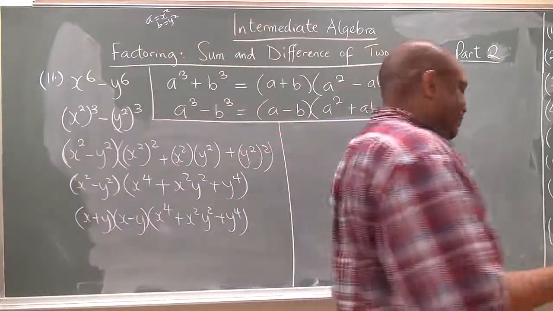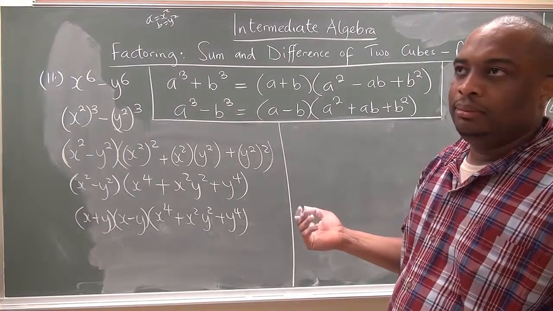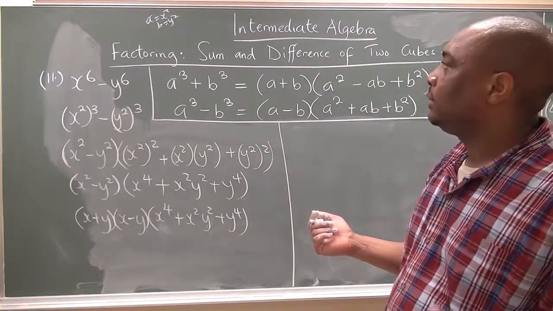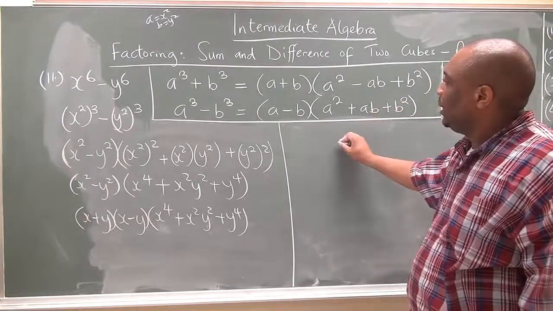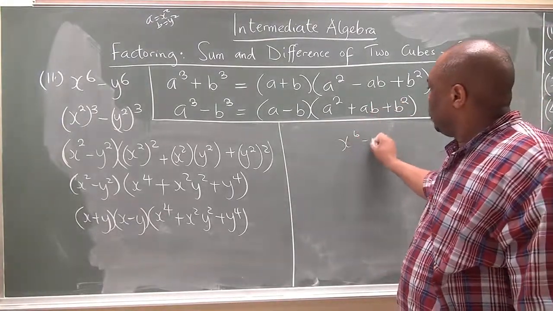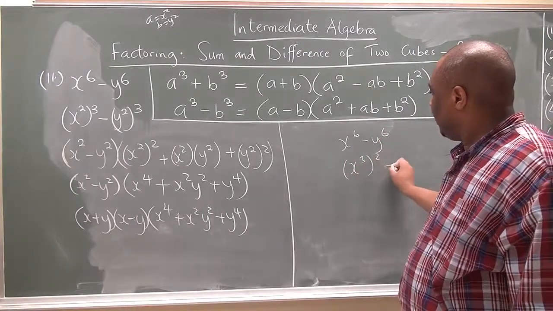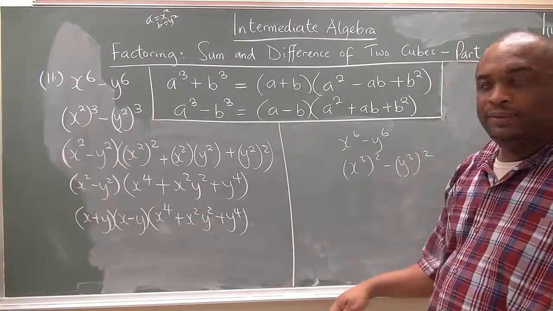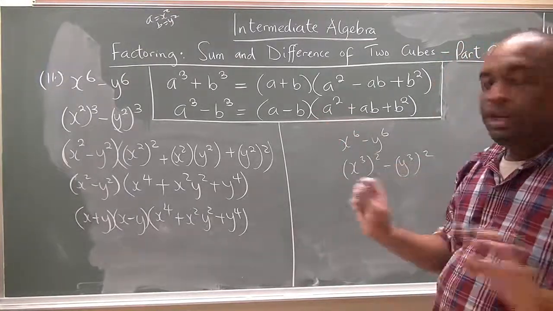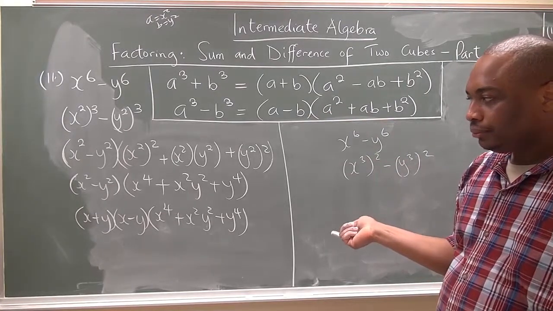Some of you might ask me, what if you decide to do the difference of two squares first? What if, with x^6 minus y^6, you write x cubed squared minus y cubed squared, and do the difference of two squares first before applying the cubes formula? You can do that, and you will still get the same answer.